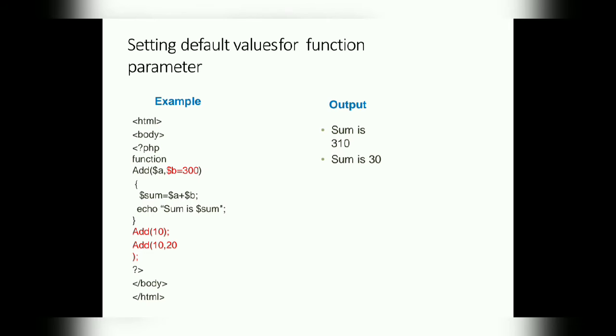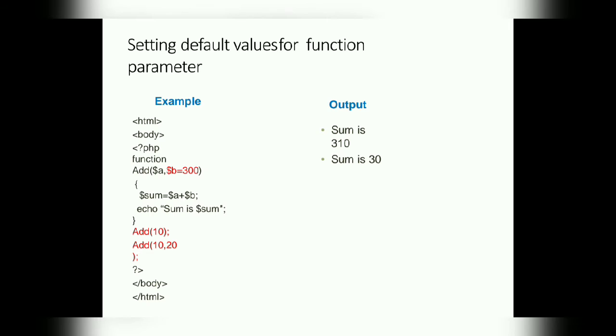For example, we have defined the code as HTML and body type and started the PHP script with the PHP function add and provided two variables, $a and $b. But here the change is that $b is provided with the value 300 in the parameter itself.